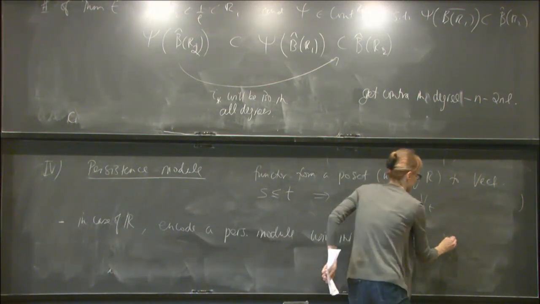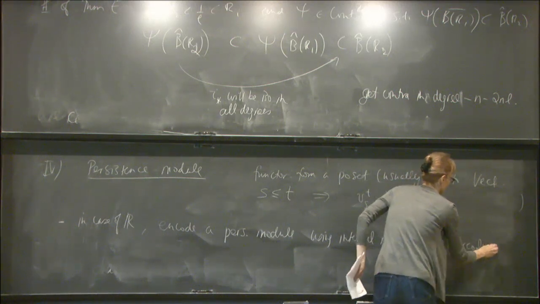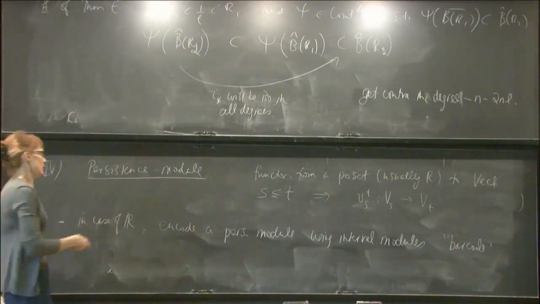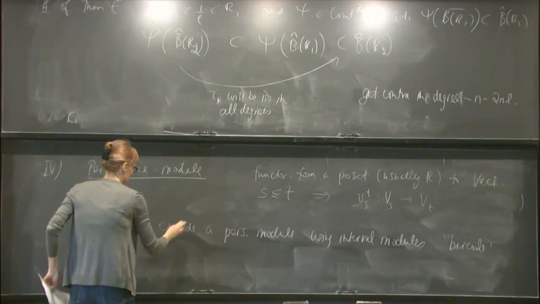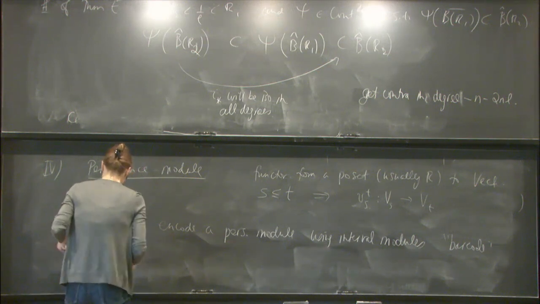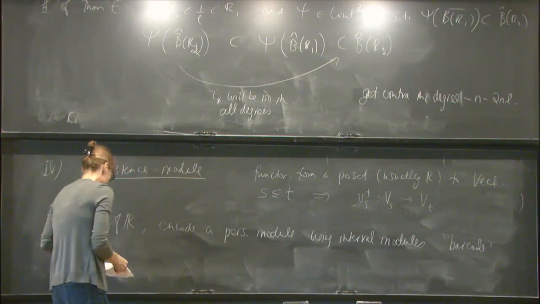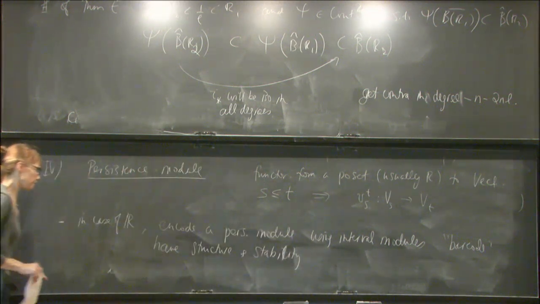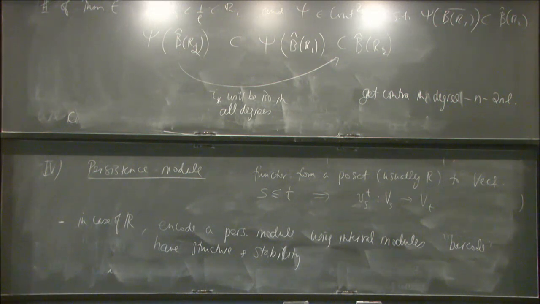This is what's known as a barcode. A barcode is just a graphical way of presenting that kind of decomposition. There are decomposition or structural theorems that give you that. Okay, but we won't go into that. We don't need that kind of thing right here.